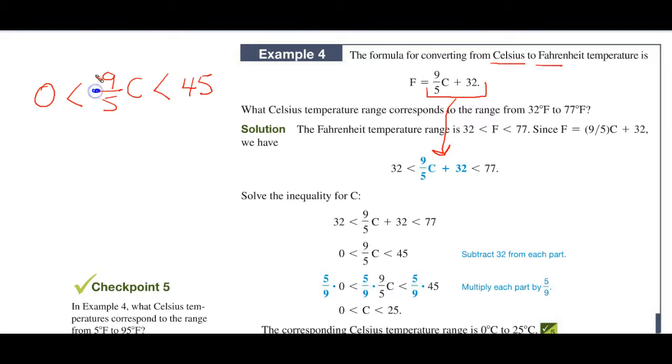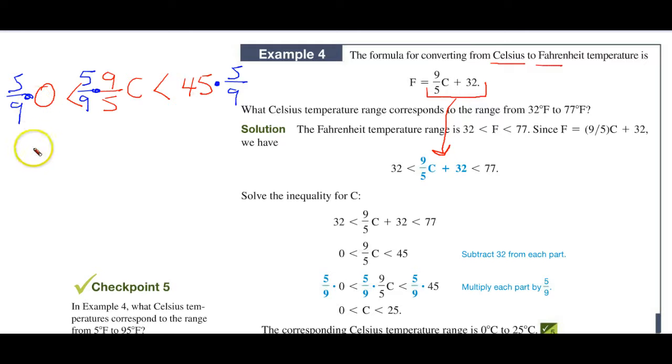Well, the answer is we multiply it by its reciprocal, 5/9. But then we have to multiply each of these by 5/9. We're doing the same to each part of our inequality statement.